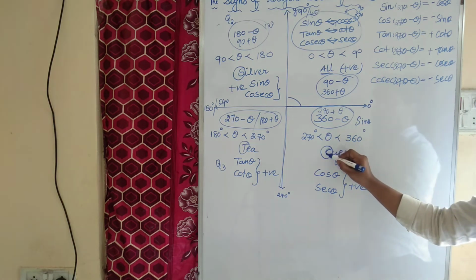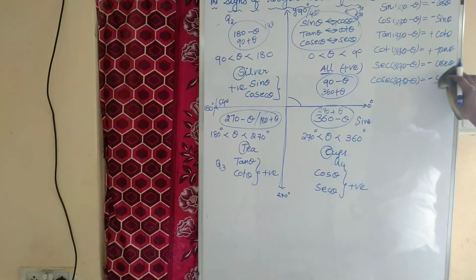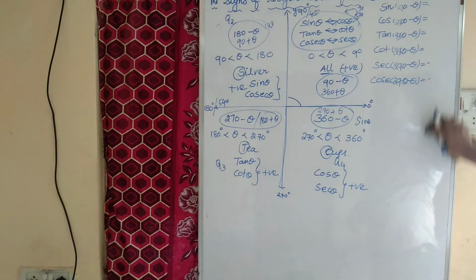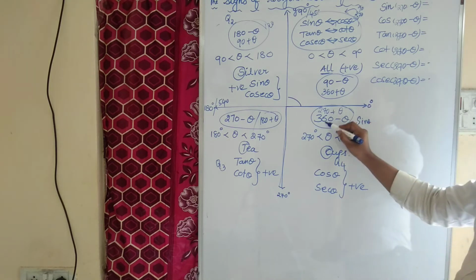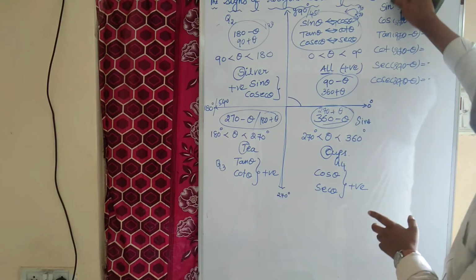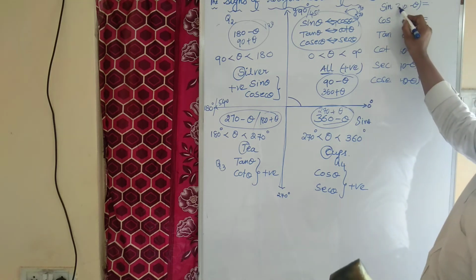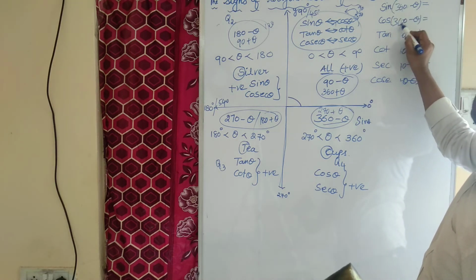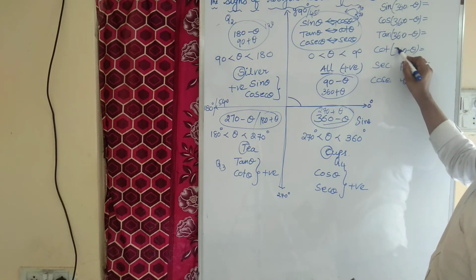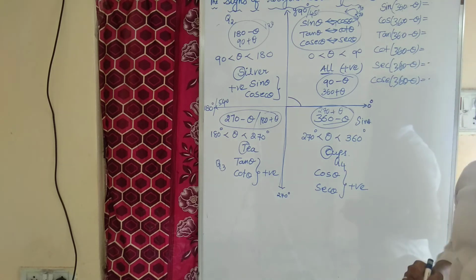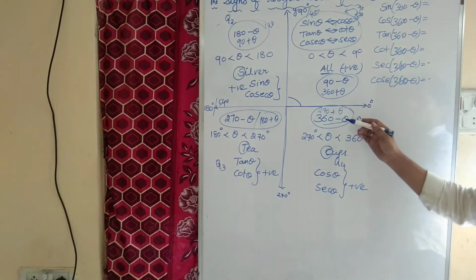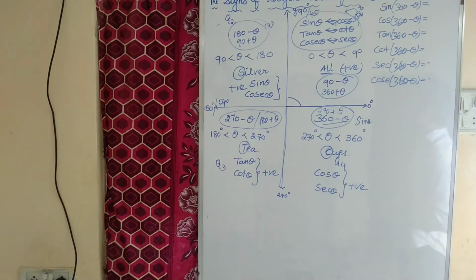Coming to the fourth quadrant. In the fourth quadrant, cos and the reciprocal of cos, sec, will be positive. The fourth quadrant lies, for example, at 360 minus theta, let us write 360 minus theta, which is in the fourth quadrant, right?